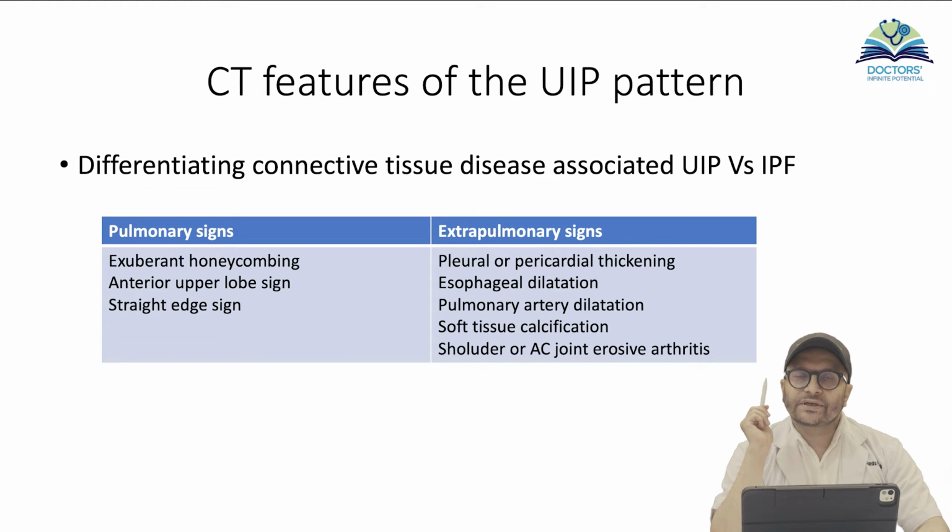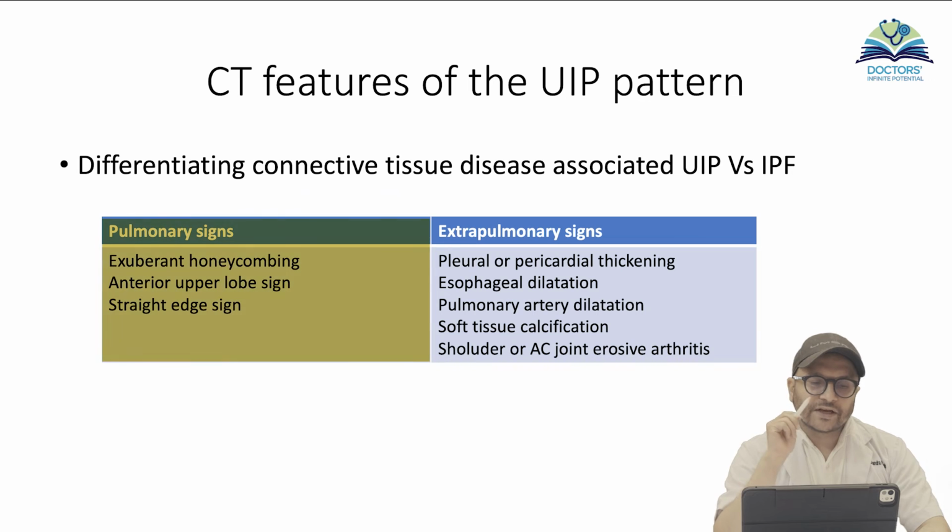When it is associated with connective tissue disease, then there are typical signs that say that it is secondary to connective tissue disease. These signs are exuberant honeycombing, anterior upper lobe sign and straight edge sign. These signs say that the UIP is secondary to connective tissue disorder.